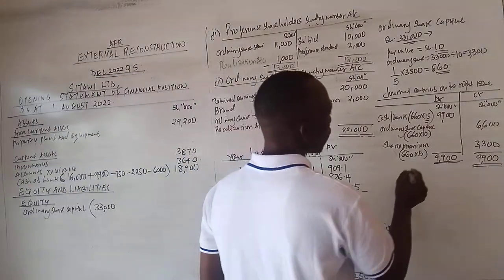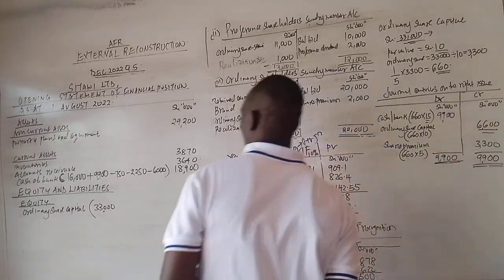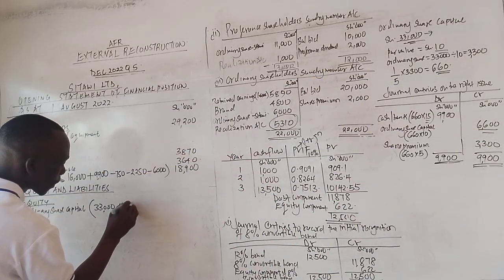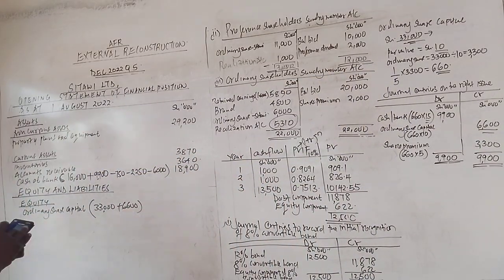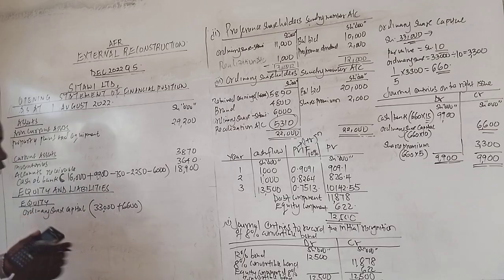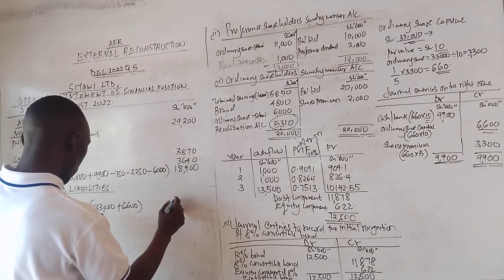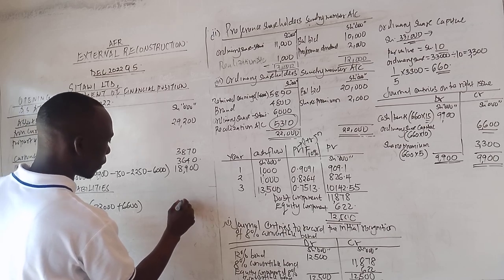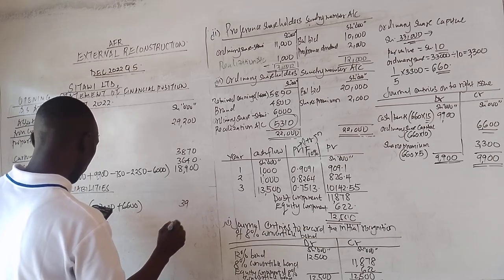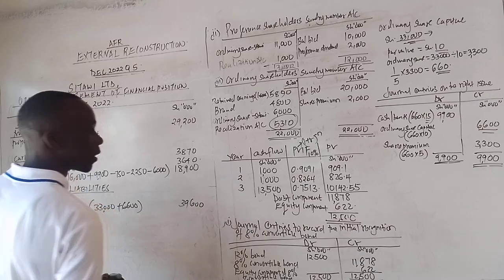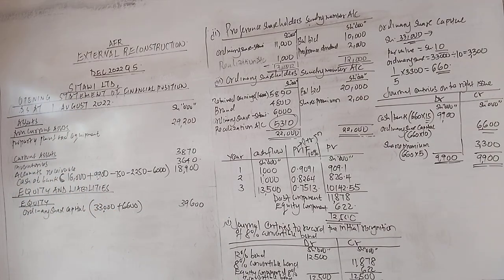Then we had the right issue, which added 6,600 more. So the total will be 33,000 plus 6,600, which is 39,600.